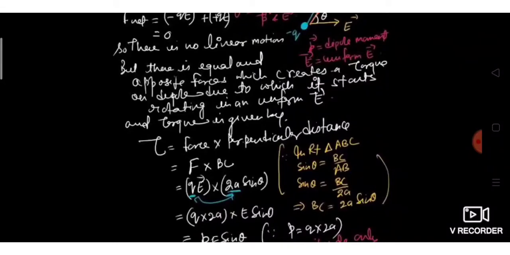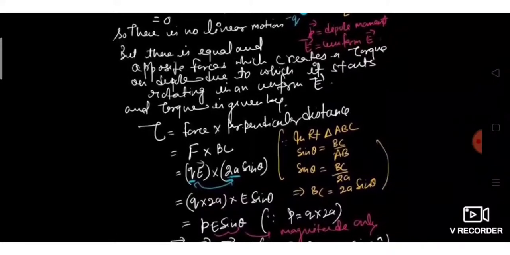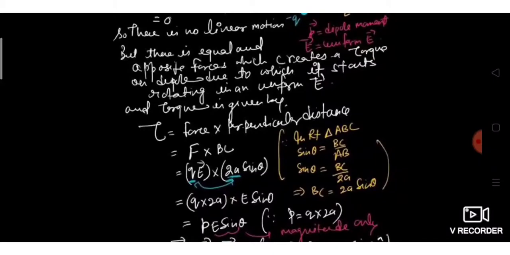Substitute the value of 2a sin theta in the main equation. We get the torque tau is equal to q into electric field E into 2a sin theta. Rearrange the equation. The value of q into 2a is nothing but the dipole moment, so we can write q into 2a equal to p.